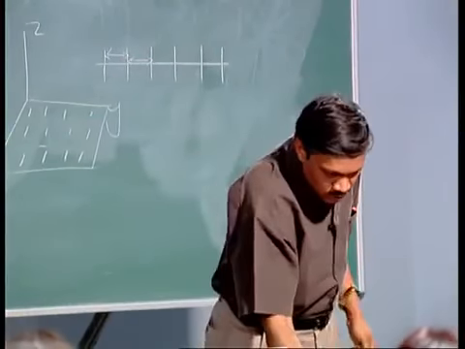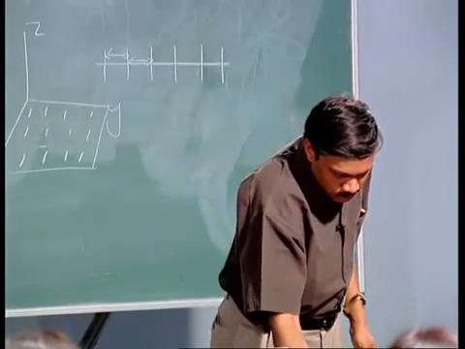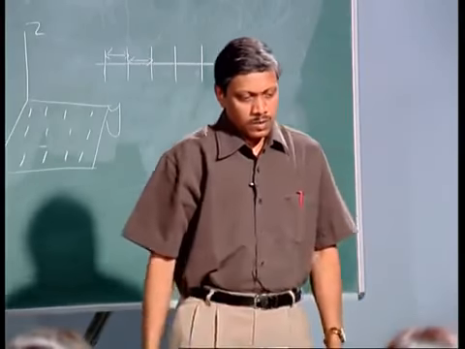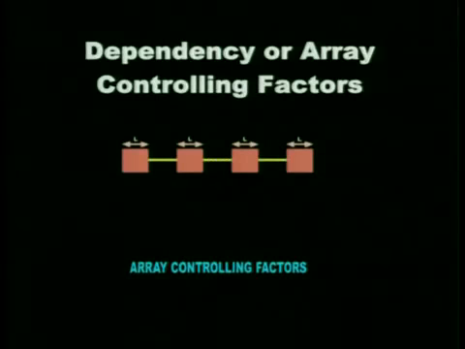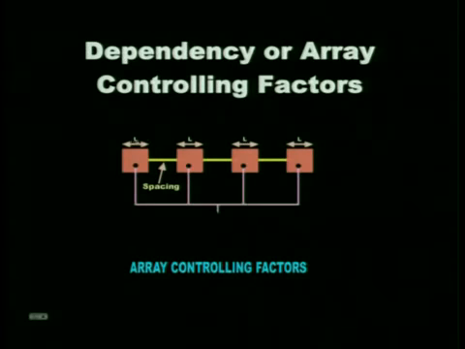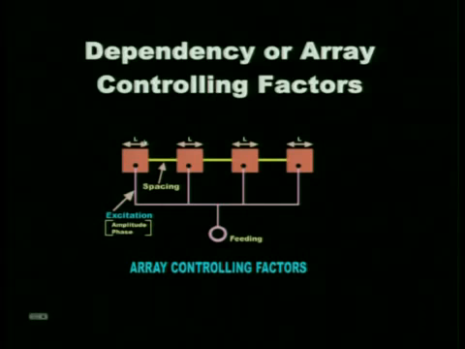Let me just come to this slide, maybe I will show you this. Look here, this is a linear array, 4 elements placed in a straight line. Each element is of length L. It may be a lambda by 2 antenna, it may be a lambda by 4 antenna, it may be a lambda antenna.